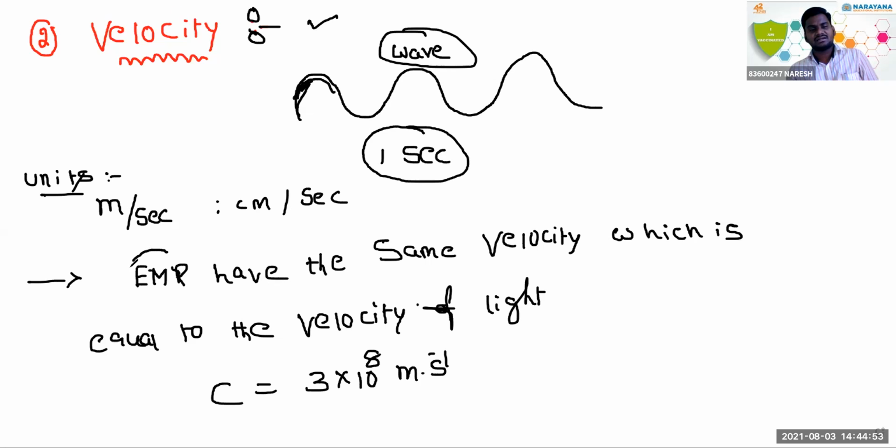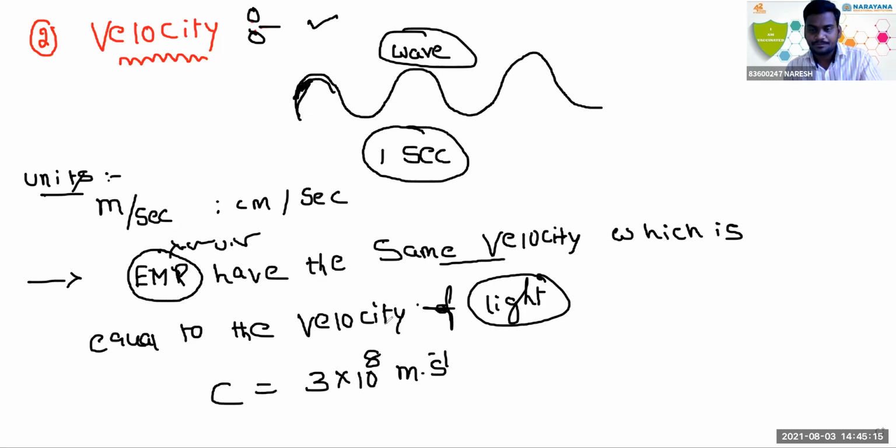All types of electromagnetic radiations like X-ray, UV, IR have the same velocity, equal to the velocity of light, C equal to 3 into 10 to the power 8 meter second inverse.